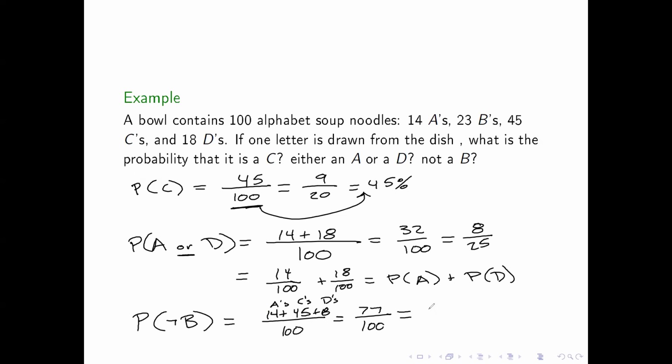Quickly, interesting enough, this is equal to 1 minus 23 out of 100. And the reason I bring that up is because this value right here, 23 out of 100, is the probability of B. So the probability of not doing something is equal to 1 minus the probability that it does occur, because the total probability of all the scenarios has to equal 1 or 100%.